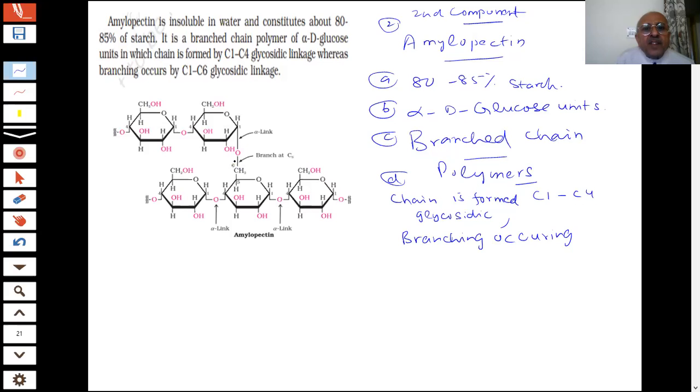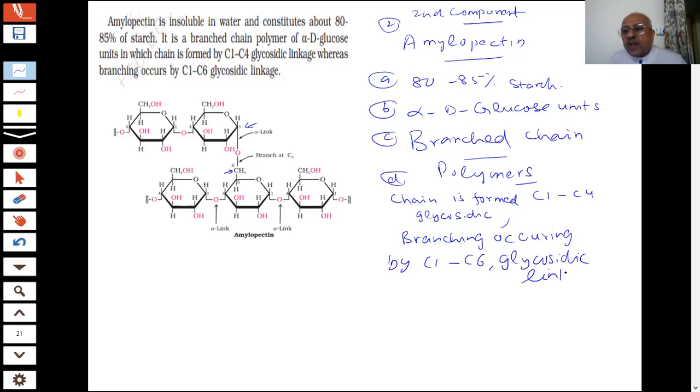This is carbon 6, this is carbon 1. We have to say that the chain is formed with glycosidic linkage at C1, C4. Branching occurs by C1, C6 glycosidic linkage.